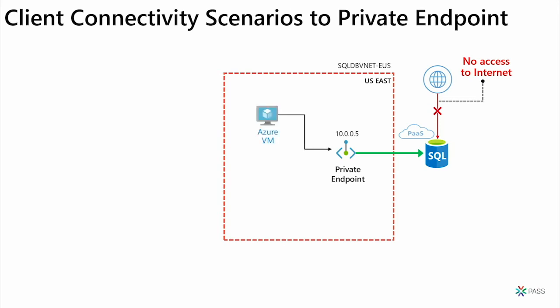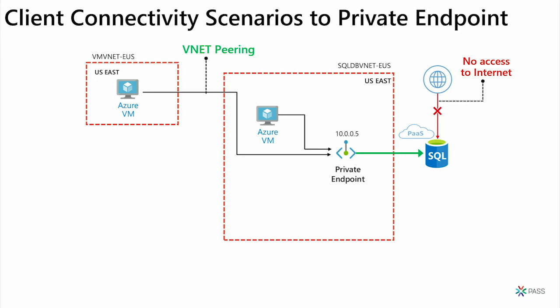The demo that I showed you is, let's assume for simplicity that my client is an Azure VM, and the Azure VM is in the same VNet. So nothing special here. The power of Azure networking allows you to peer VNets. So basically, you can have a client in a peered VNet that can connect to this private endpoint, right?